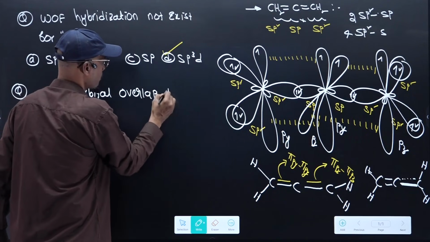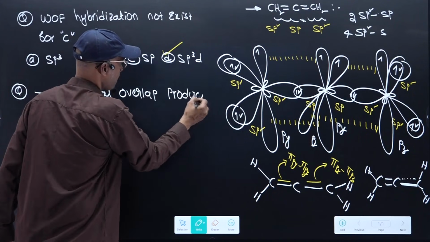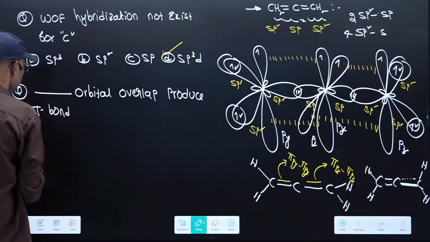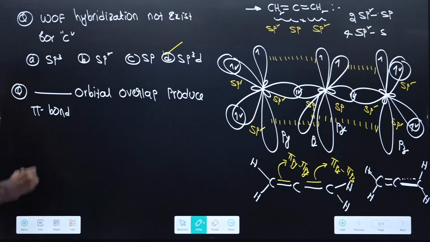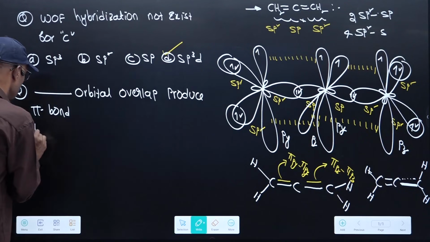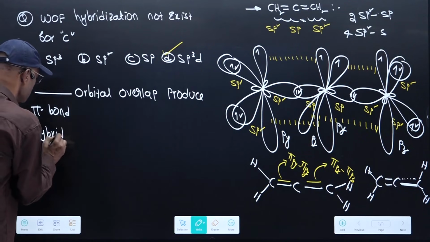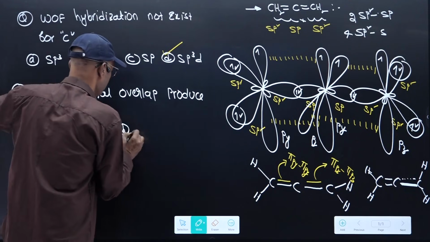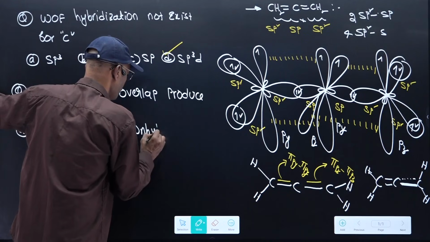Which orbital overlap produces a pi bond? Option A, hybrid orbital. Option B, unhybrid orbital.